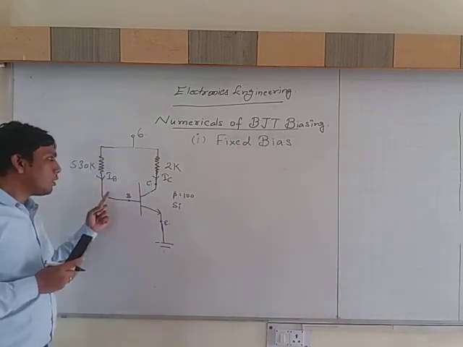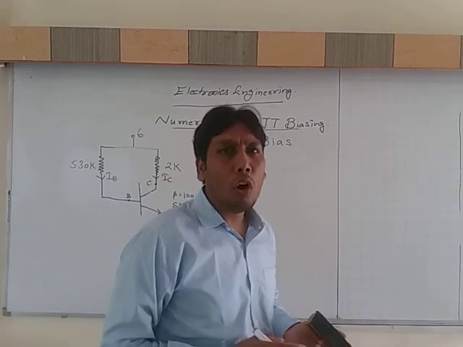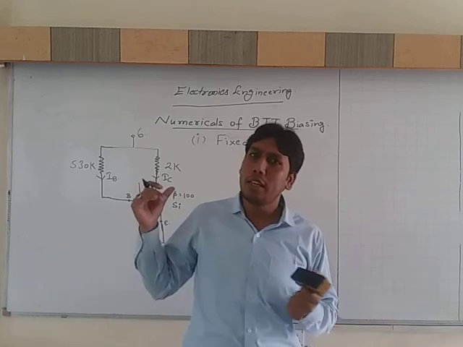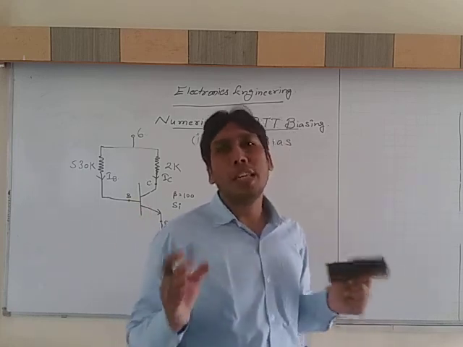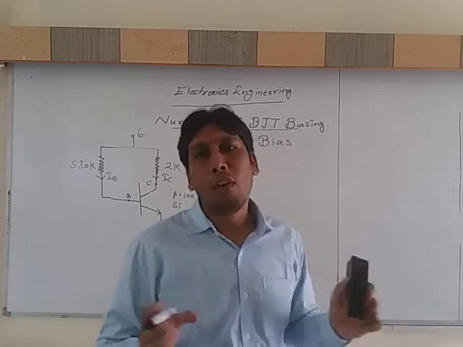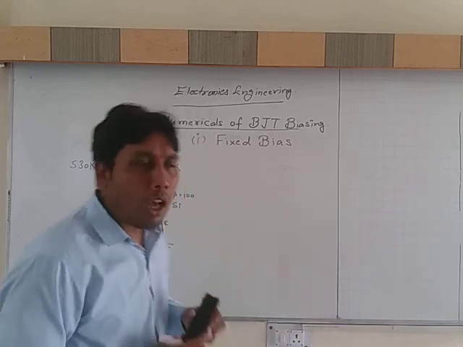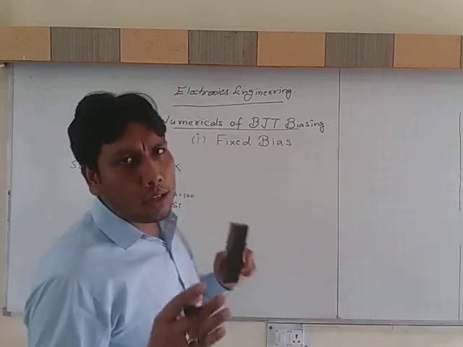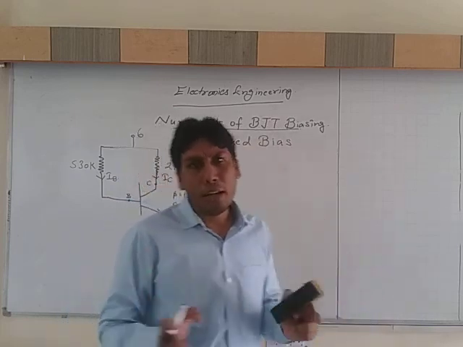This is the circuit in which we have to determine the value of different currents flowing in this circuit and the voltage drop VCE, and with the help of IC and VCE we will determine the Q point of this circuit. To solve this circuit, we will divide this question into two parts.